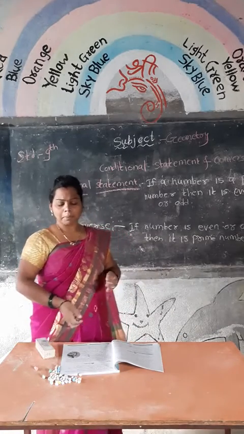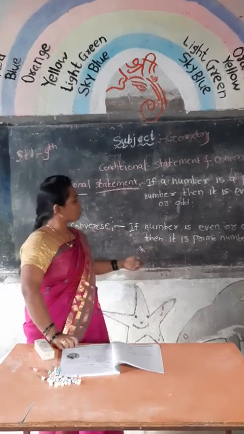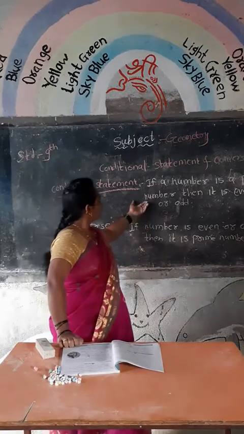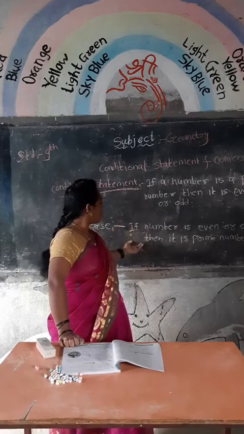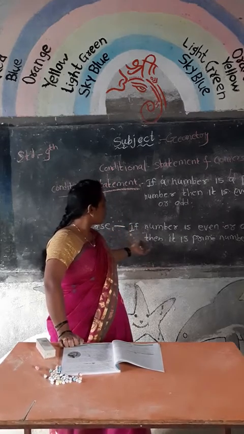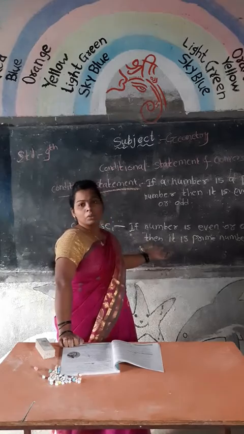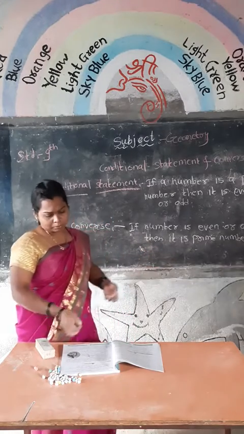In this example, the given statement is true but the converse is false. If a number is even or odd, then it is not necessarily a prime number.